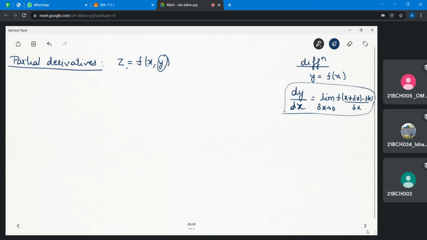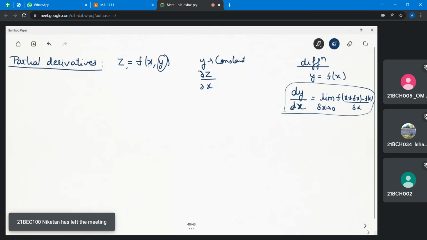to x only. Okay. So similarly, अगर आप y constant ले रहे हो and then you are calculating the derivative with respect to x, so this is represented as partial derivative of z with respect to x.